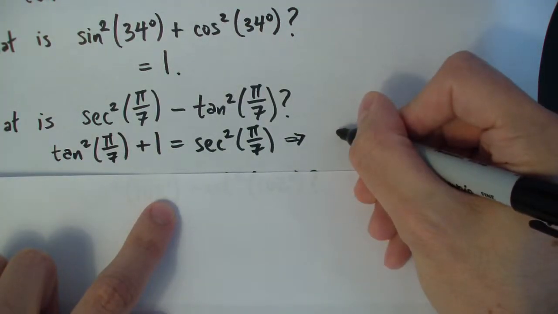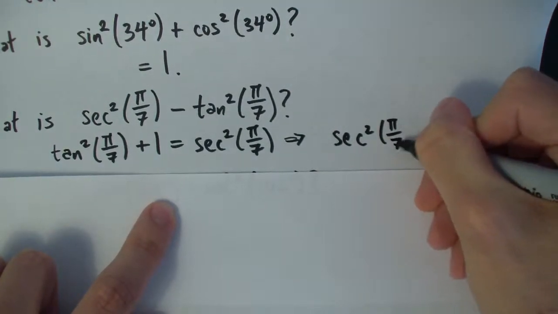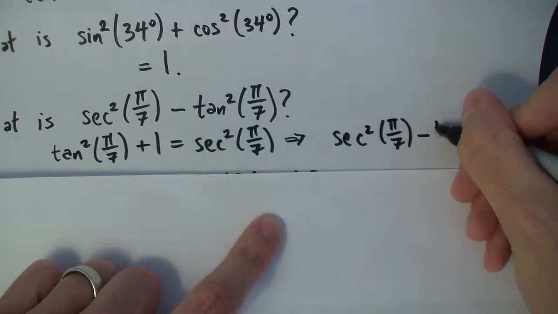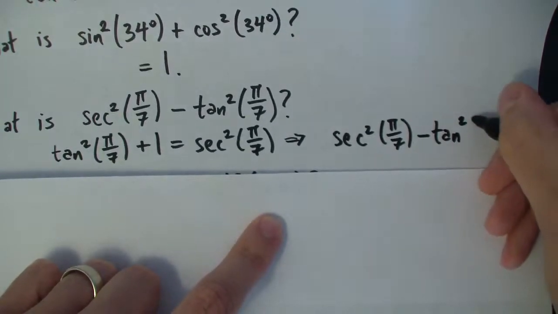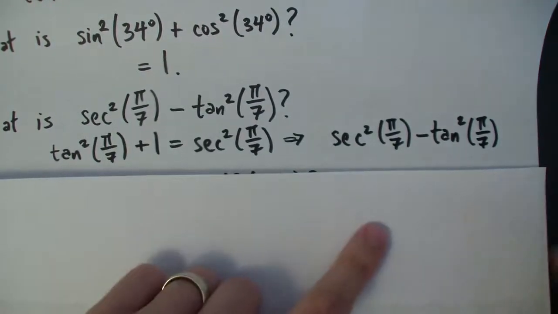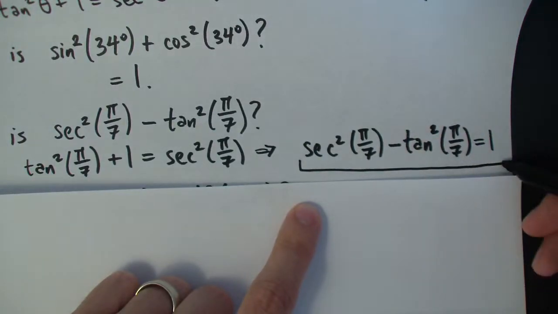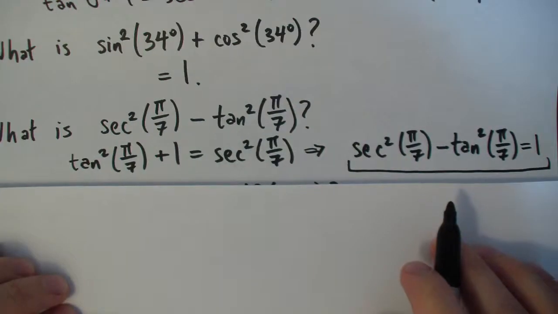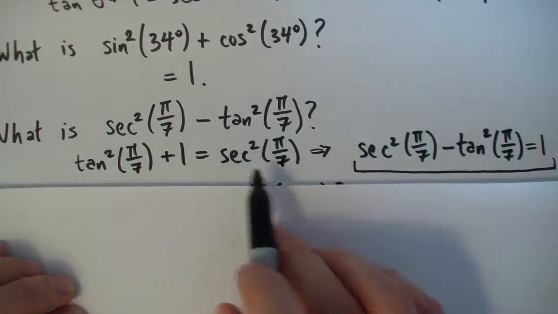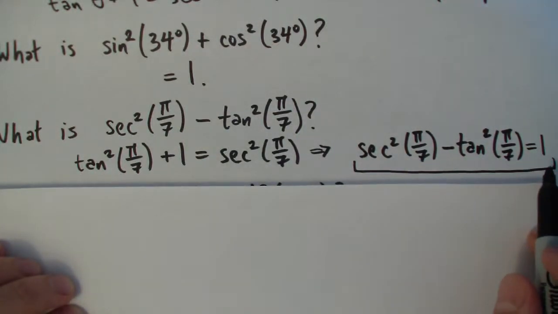So this would tell us that secant squared of pi over 7 minus tan squared of pi over 7 would be equal to 1. So this is just an equivalent way of writing our original identity. Just by rearranging it a little bit, we find that secant squared minus tan squared is equal to 1.